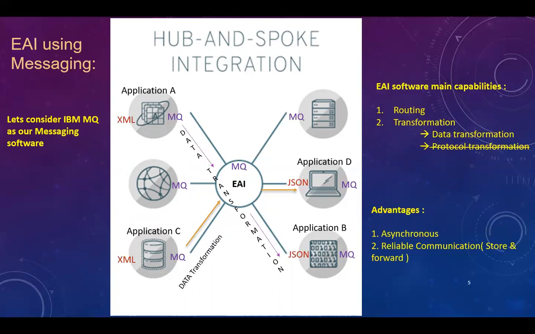If application A is trying to send a message to application B, with XML as the data format and the target in JSON, messaging is the transportation medium. I just take that XML message and put it into MQ. It is the duty of the EA software to take care of the data transformation, and after doing it, it will send it in the form of JSON.